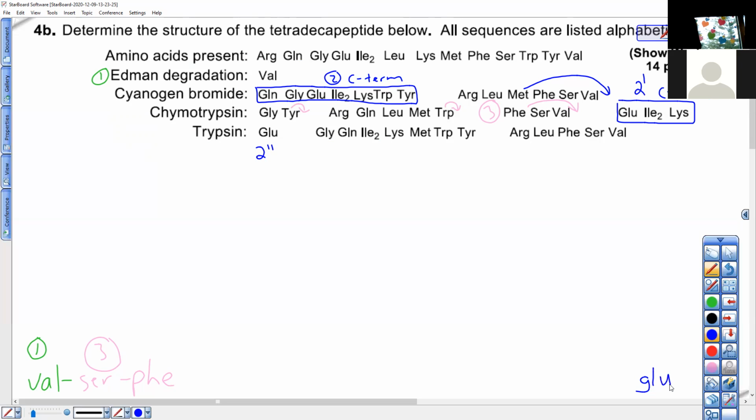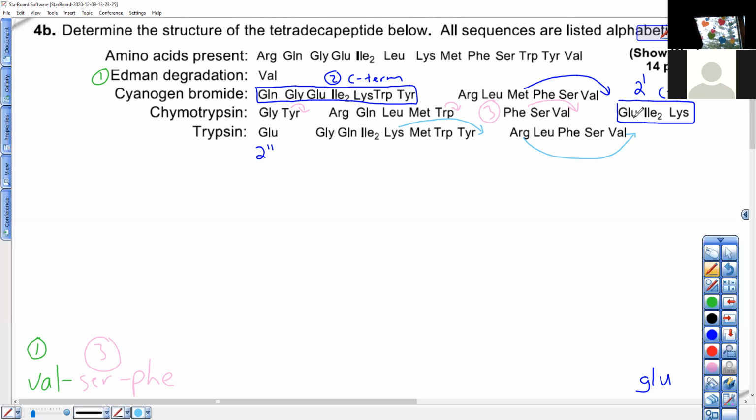What trypsin does is it finds the lysines and the arginines and clips everything after those. And here we go. That means lysine's at the end of this sequence and arginine's at the end of this sequence. And I know Glu is after everything because it's not with a Lys or an Arg, so it must have been after all the lysines and arginines.